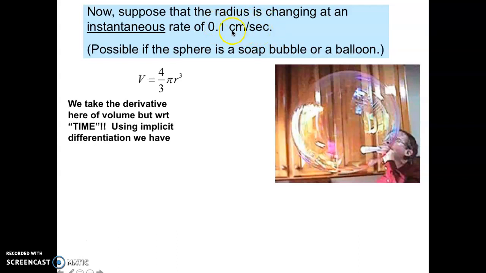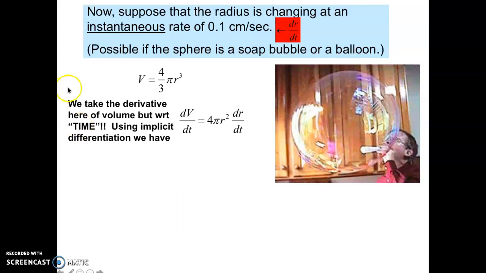We're talking about the instantaneous. At this instant in time, the radius is changing by 0.1 centimeters for every second that passes by. So we're going to use implicit differentiation again, but we're now going to take the derivative with respect to time.